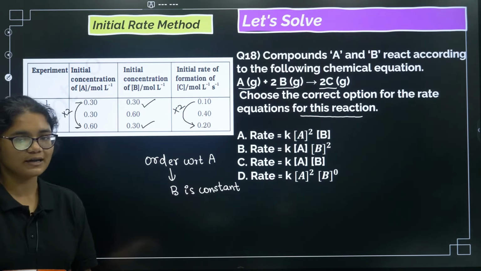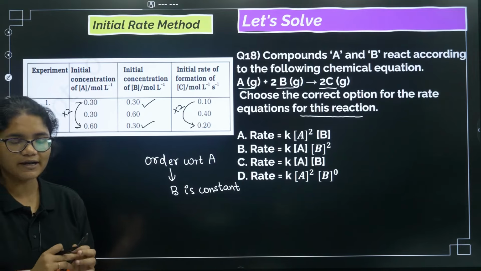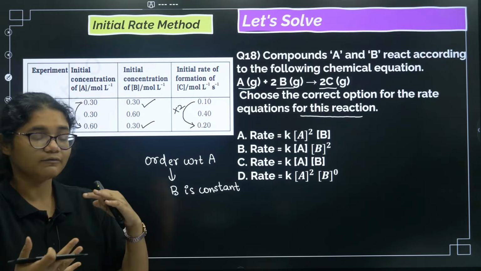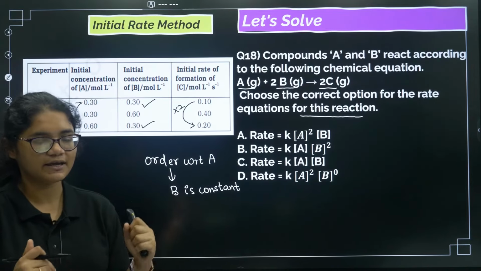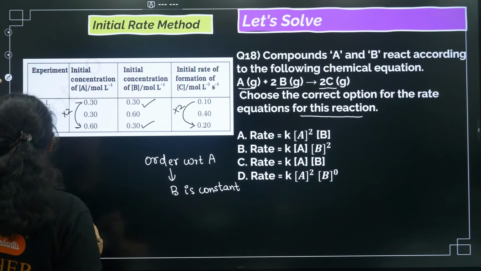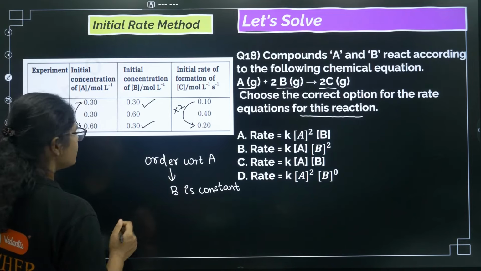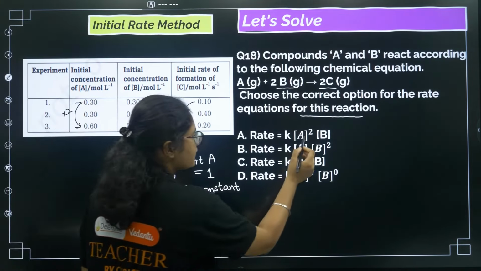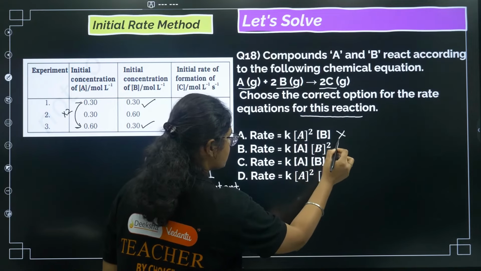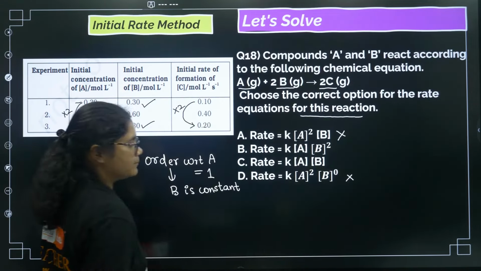That means it is which order reaction? It is a first order reaction, right? When you double the concentration and the rate also doubles, the same way it is changing, then it is a first order reaction. So I can say that the order with respect to A is 1, right? So here it is given 2, so I can eliminate this option and I can eliminate this option, right?